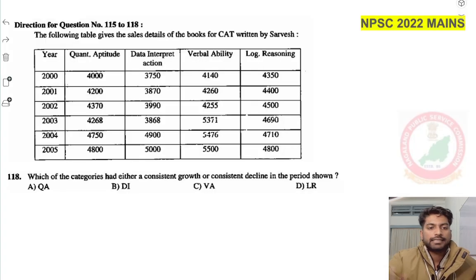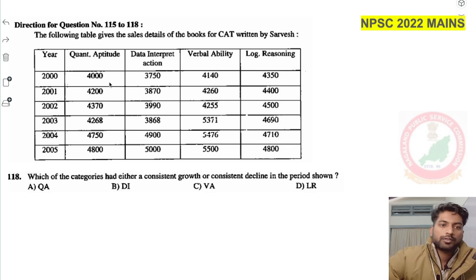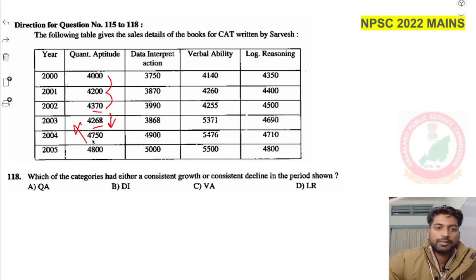Which of the categories had either a consistent growth or consistent decline in the period shown? Now see, quantitative aptitude, growth declined. 4370 to 4268, so not possible.